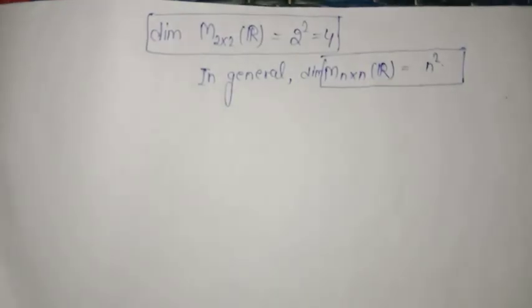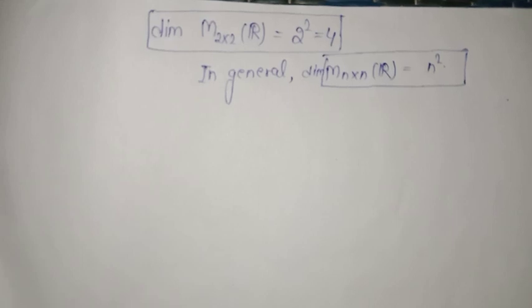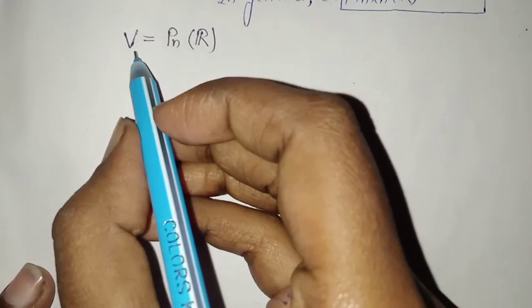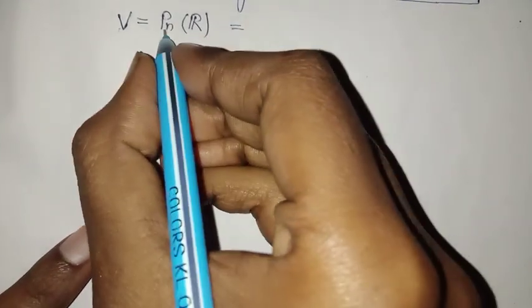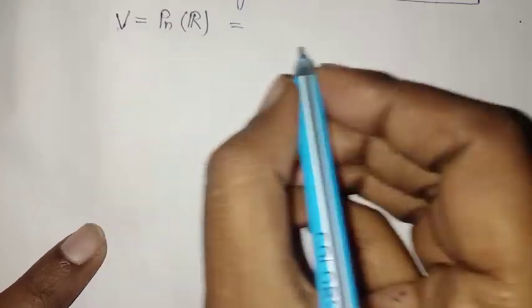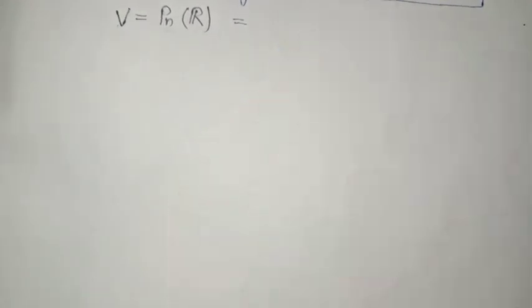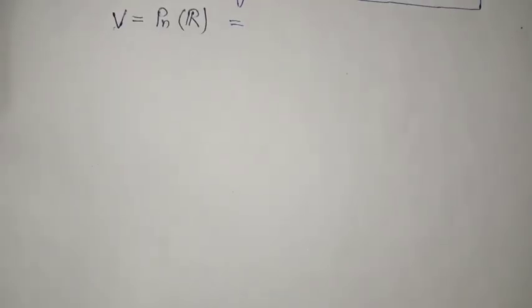Now let's take our next vector space. Our third example is V equals Pn over R. This is nothing but the vector space of all polynomials with real coefficients. Since n is given, the degree of the polynomial must be n.